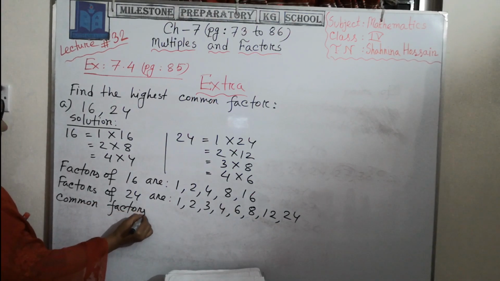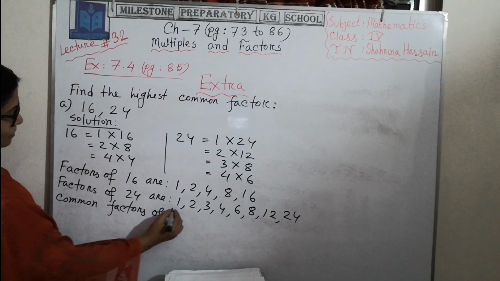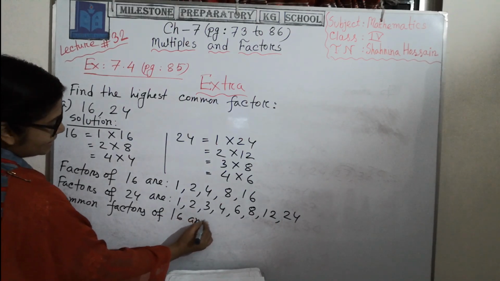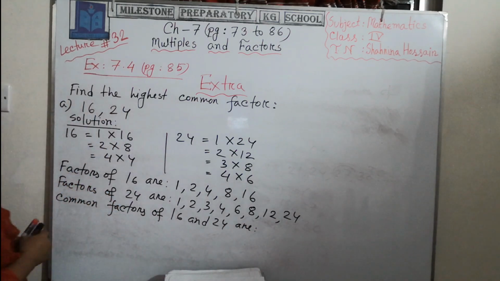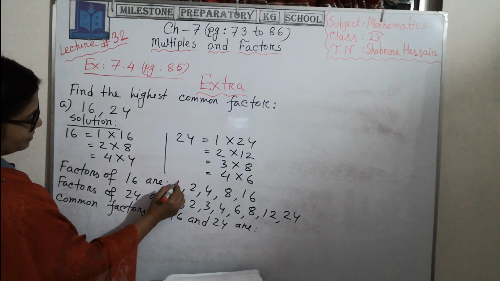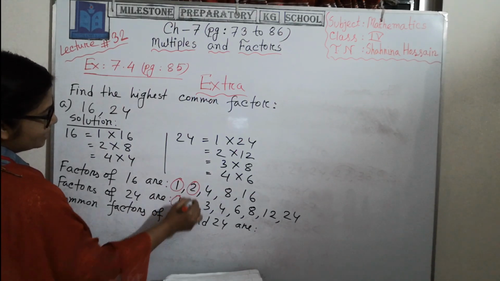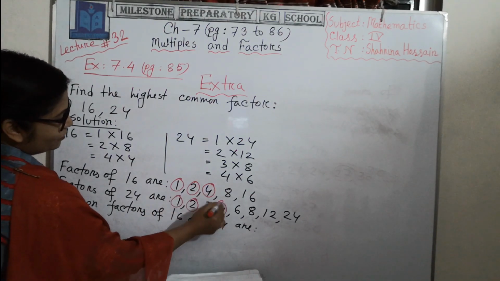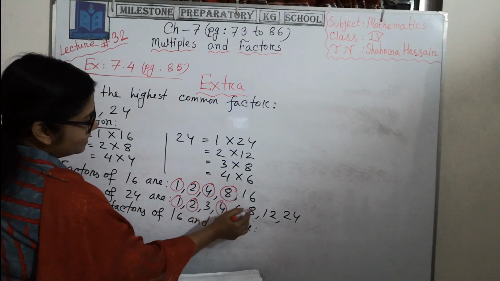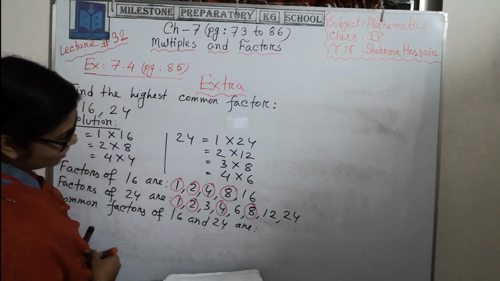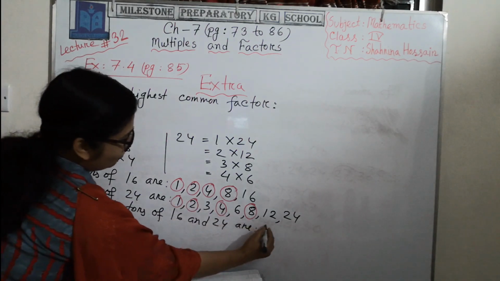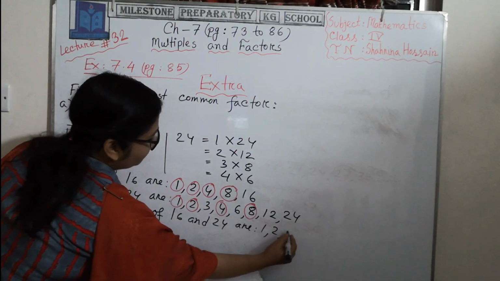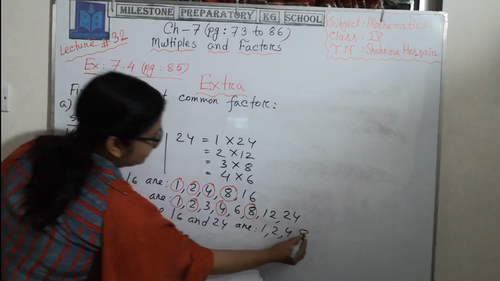Common factors of 16 and 24 are, at first you find the common factors of both numbers, 1, then 2, 4, then 8. And others we cannot match, right? So our common factors are 1, 2, 4 and 8.